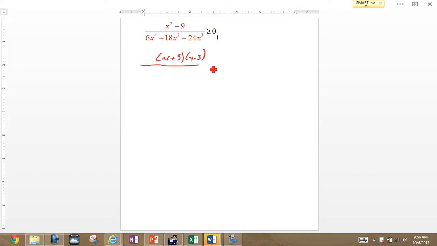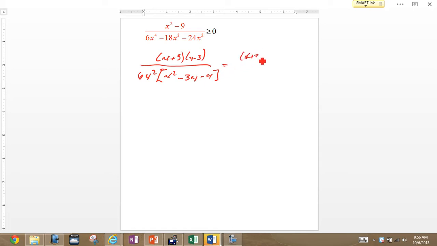And in the denominator, it looks like we can pull out a 6x squared as a common factor, and then be left with x squared minus 3x minus 4. So we want to factor that again.